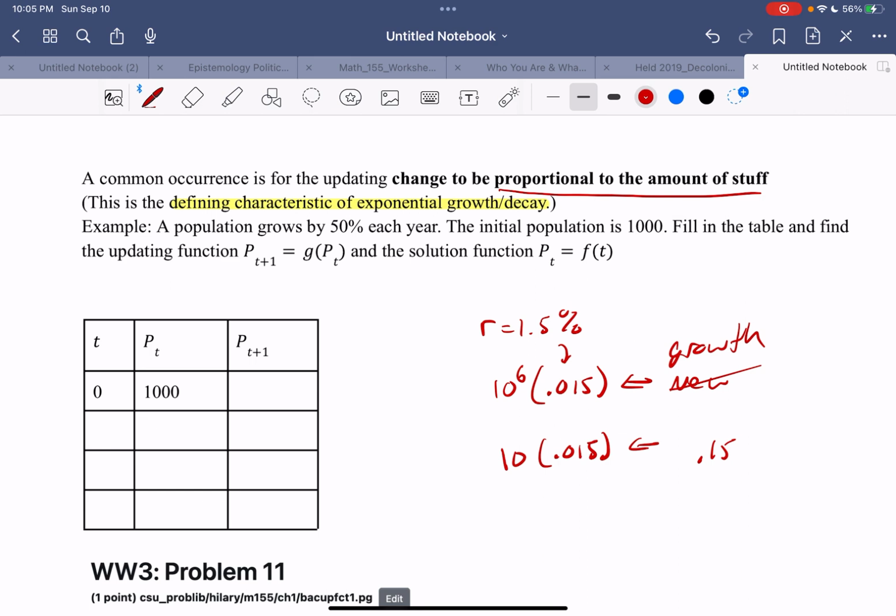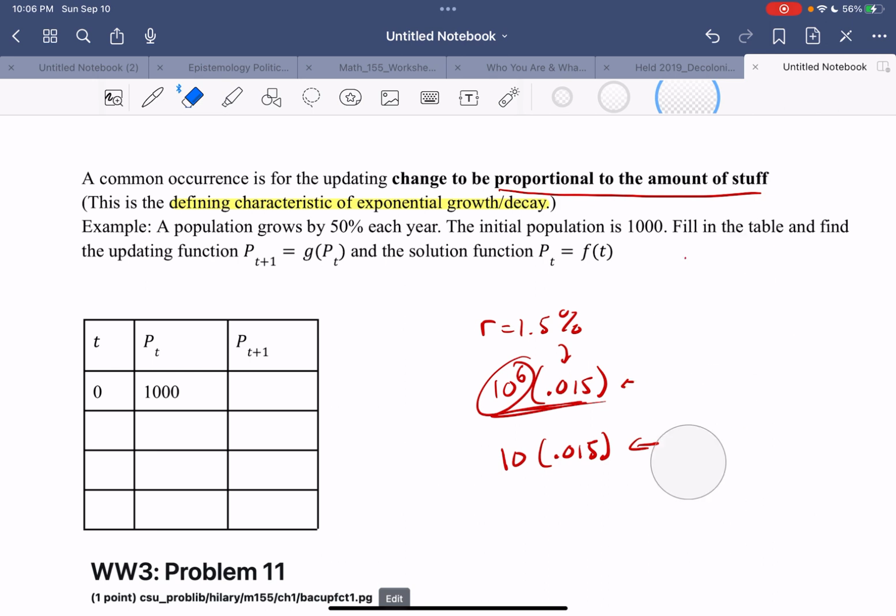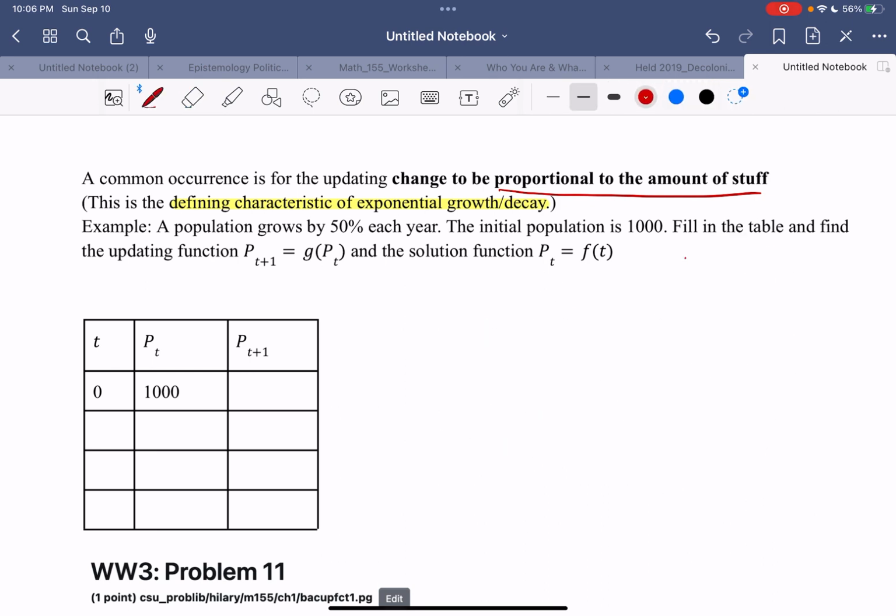So the amount of new stuff is proportional to the amount of existing stuff. When a lot of stuff exists, then the new growth is this product, right? And remember proportional? Remember how that was y equals mx? In this case, we could say the new stuff is the old stuff times some kind of constant.